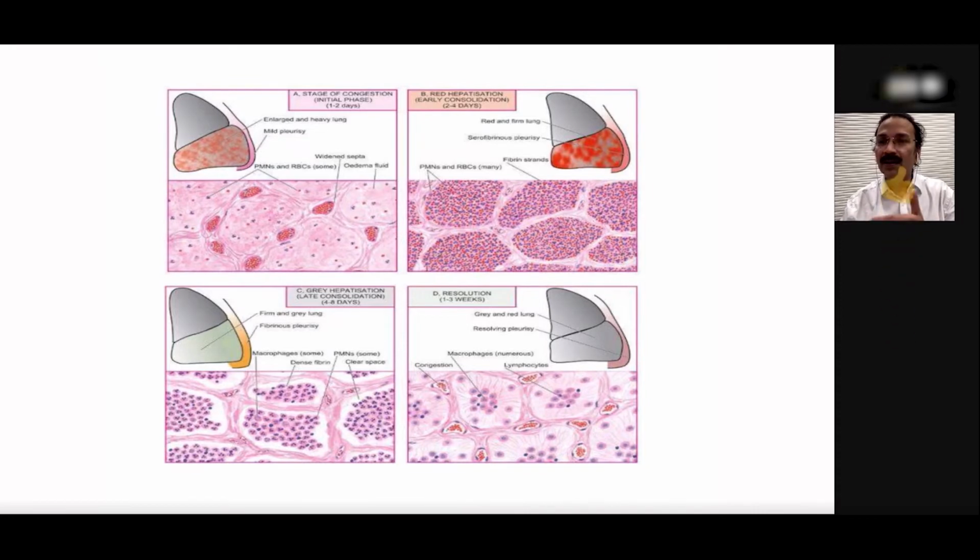So there are two inflammatory markers. One is CRP, second is procalcitonin. What is the difference? CRP increases in any inflammation. Any place there is inflammation, CRP will be high. You talk of myocarditis, rheumatoid arthritis, pneumonia, any place. Procalcitonin is a marker which tells you more clearly about a bacterial inflammation.